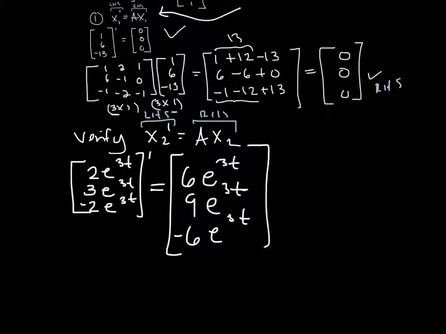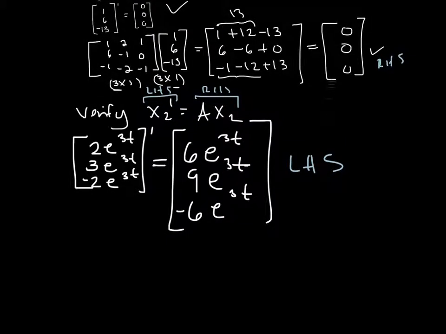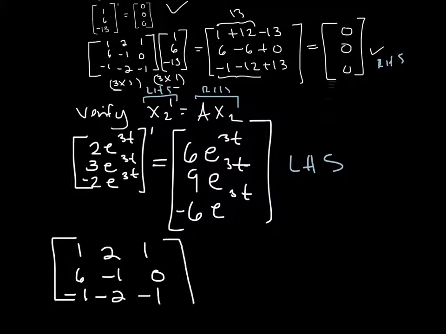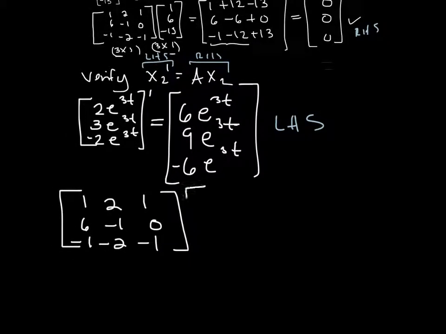Okay, so there's my left-hand side. Okay, let's do the right-hand side. And we have, again, our coefficient matrix, A. So 1, 2, 1, 6, negative 1, 0, negative 1, negative 2, negative 1. Let me move this up a little bit. And our x2, right?